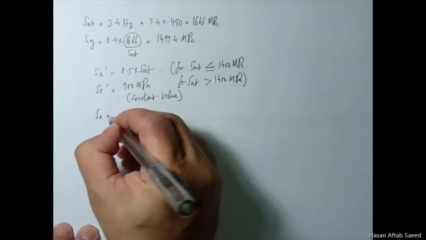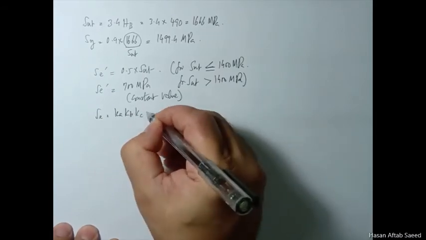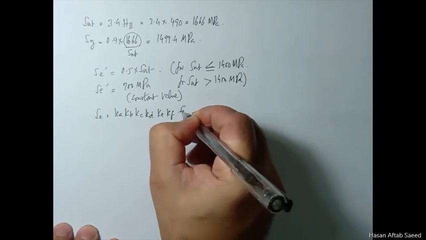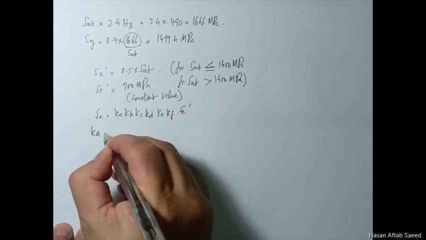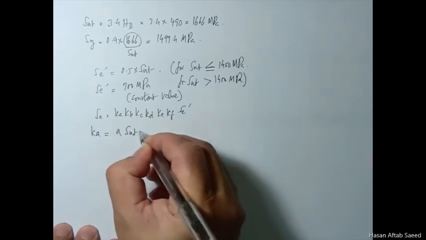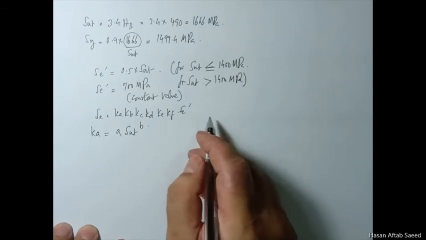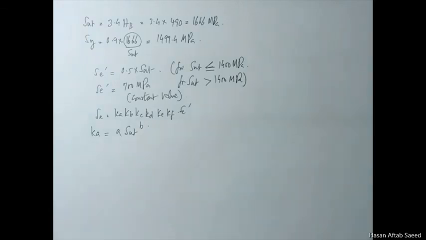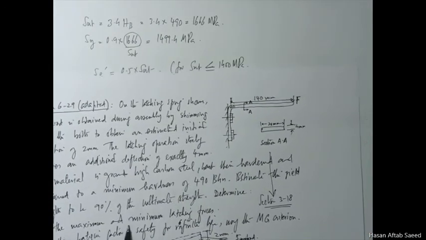Now SE is simply KA, KB, KD, KE, KF into SE prime. Again, repetition we have done so many times. Now KA is equal to A SUT to the power B. This is the surface finish, and because it is ground, let's refer to the ground high carbon steel.